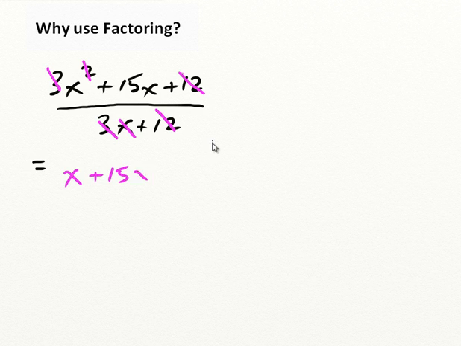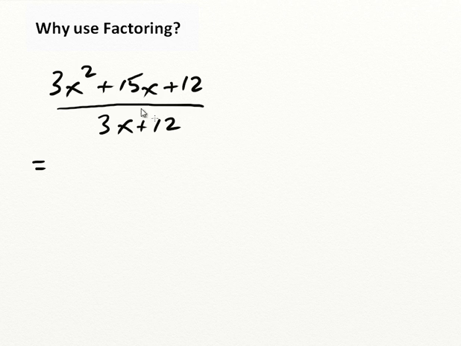What you have to be aware of is that we cannot cancel when terms are joined by addition or subtraction. You are not allowed to do that. The only way that you could ever cancel a fraction, top and bottom, is if the terms are joined by multiplication. So factoring is going to make our lives really easier here.